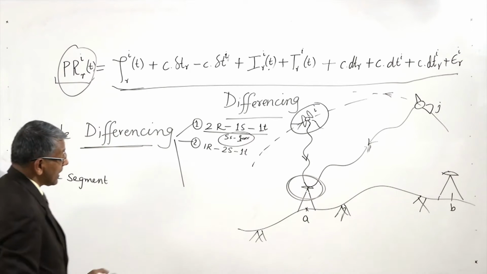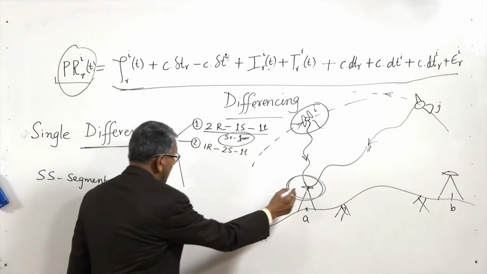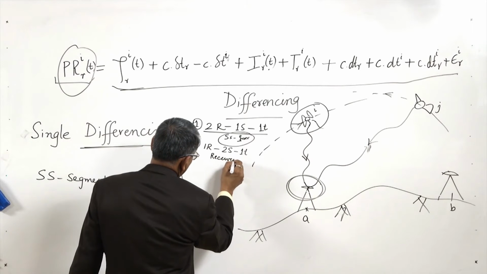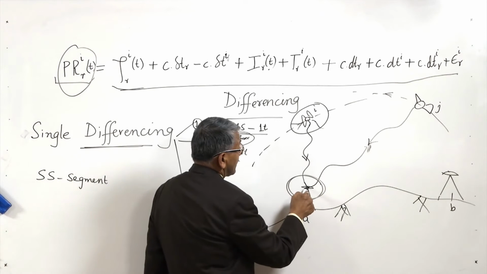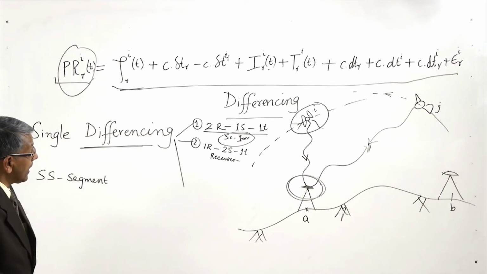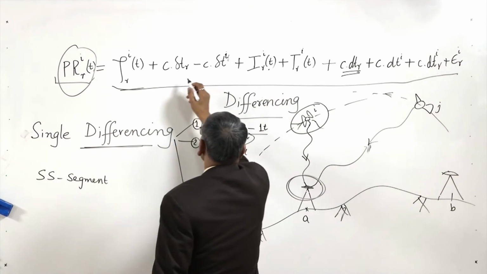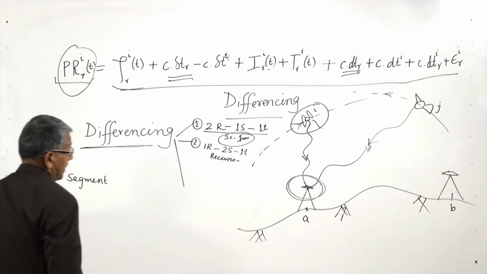So, the error associated with the user segment, specifically the receiver error, will be eliminated, that is, the error due to the receiver clock and other receiver hardware errors.